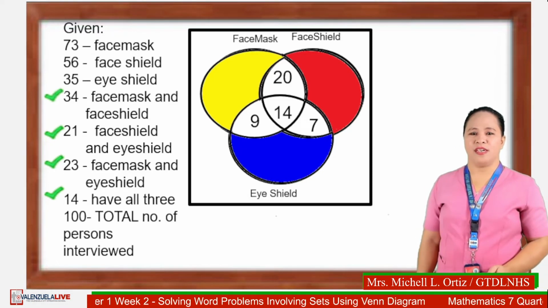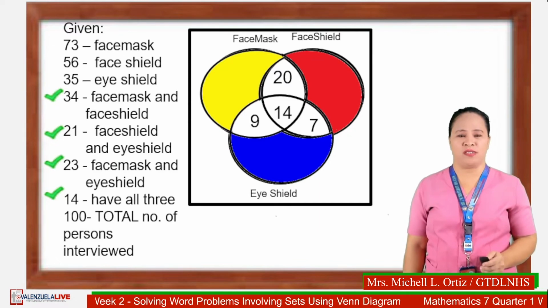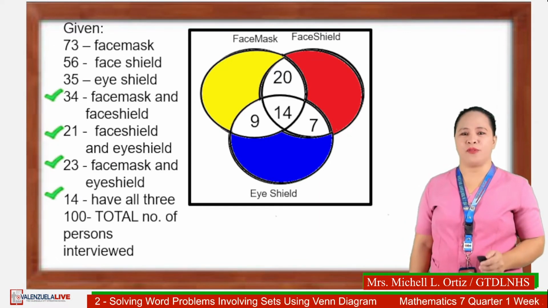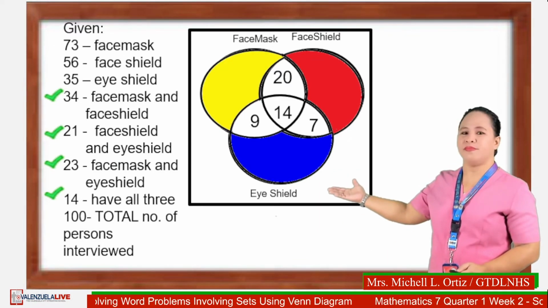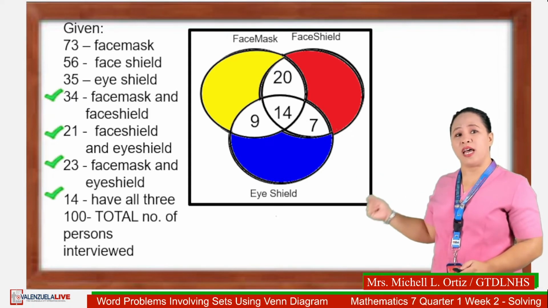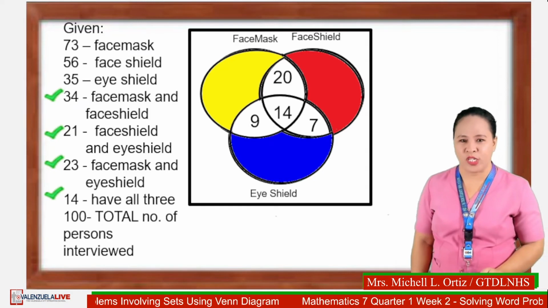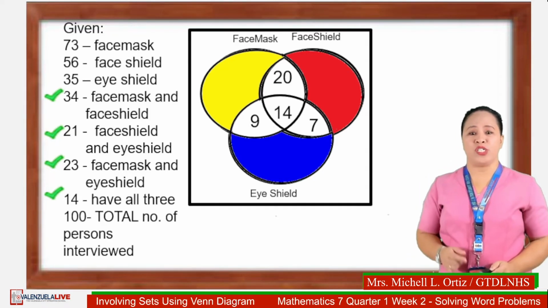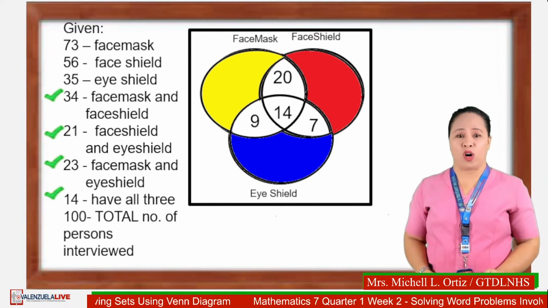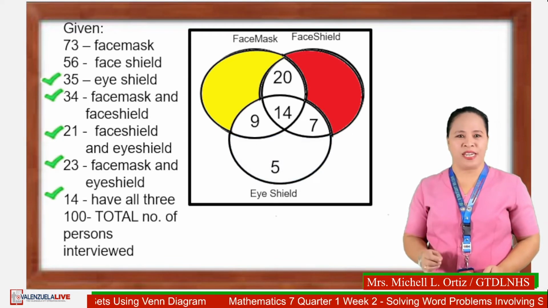Next, 35 have eye shield, and eye shield refers to this region. But since we already have 9, 14, and 7, we will just fill in the blue region. The blue region must have a cardinality of 5 to complete 35.